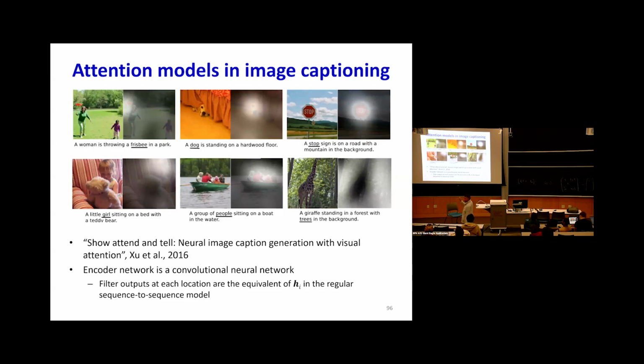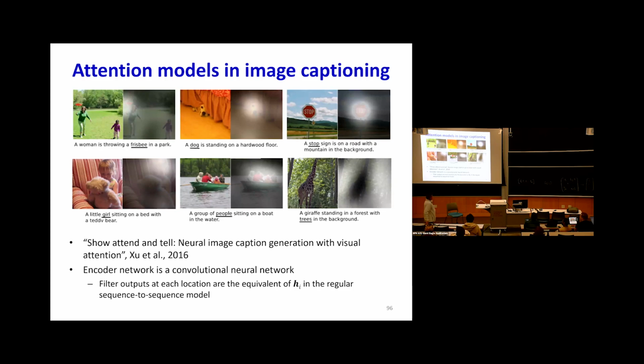And so here you can see, for example, when it captions the first picture, a woman is throwing a frisbee in a park. If you look at what it's paid attention to generate the word frisbee, it's looked at all the pixels that sort of lie around the frisbee, right? A dog is standing on a hardwood floor. Sure, it got most of the caption wrong, but when you look at what it's paying attention to when it says dog, it got the dog.